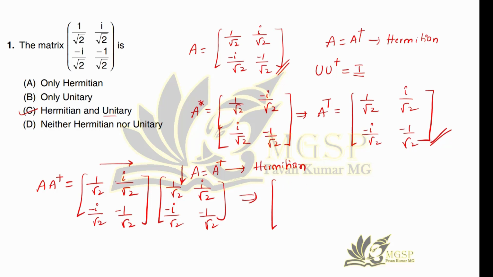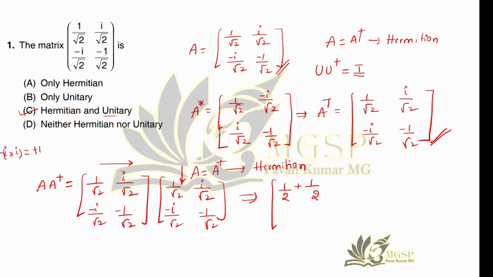You get 1 by root 2 times 1 by root 2, which is 1 by 2, then i by root 2 times minus i by root 2 gives plus 1 by 2, because minus i into i is plus 1, and the minus 1 is already present here. So this becomes plus. So this is 1 by 2, not 1 by root 2.